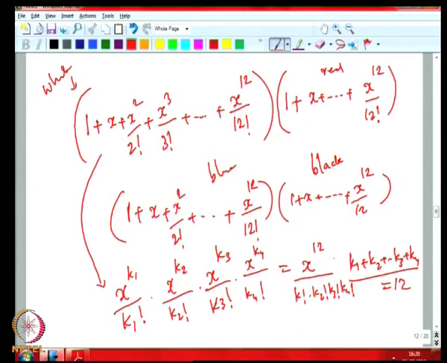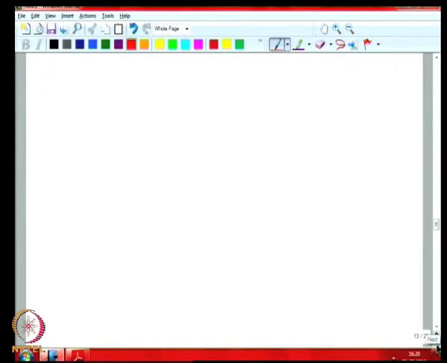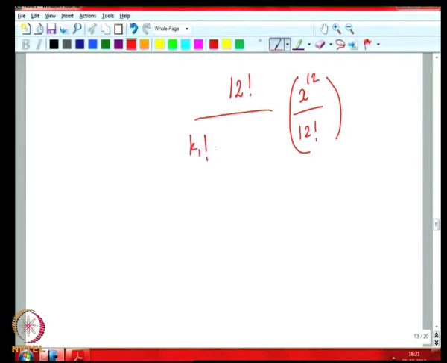Now we are not looking for the coefficient of x raised to 12, we are rather looking for the coefficient of x raised to 12 by 12 factorial. To get that, we will introduce a 12 factorial in the denominator. To balance it, we will introduce a 12 factorial in the numerator. So we already have k1 factorial into k2 factorial into k3 factorial into k4 factorial, right.